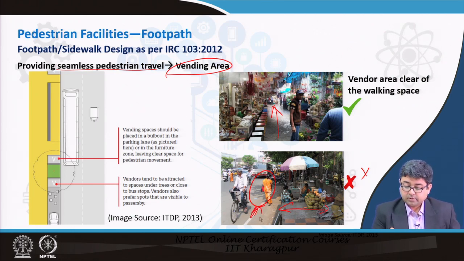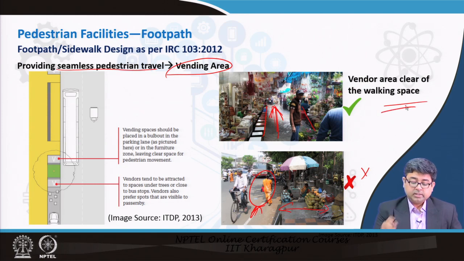Whereas this type of situation, where you have the frontage zone, the furniture zone here, and a clear pedestrian zone or walking space, is something you have to design for.